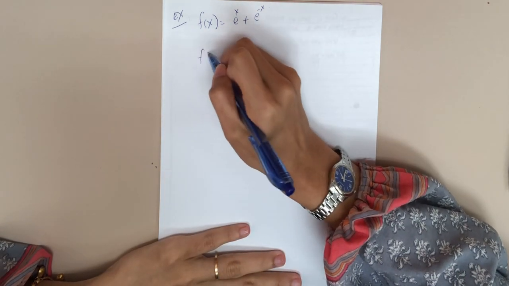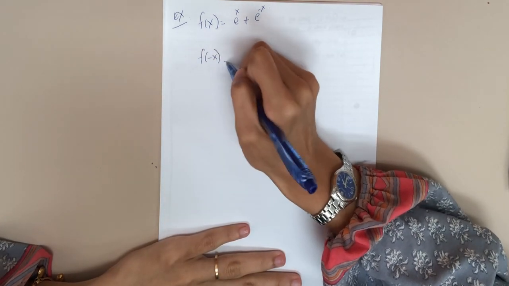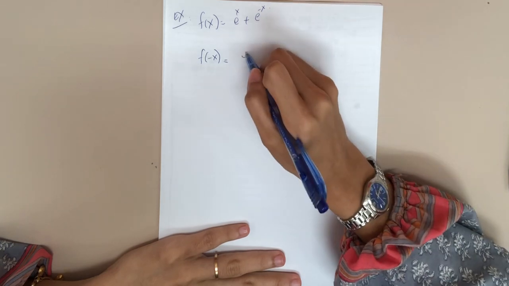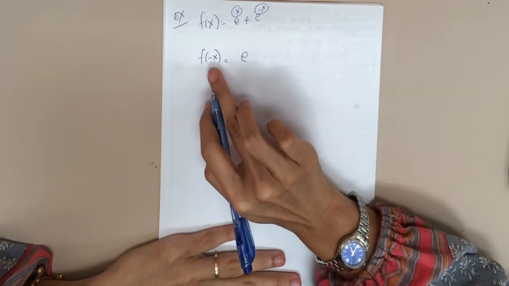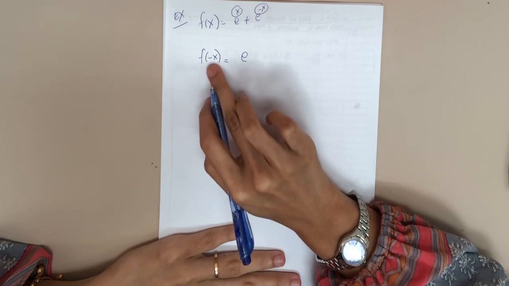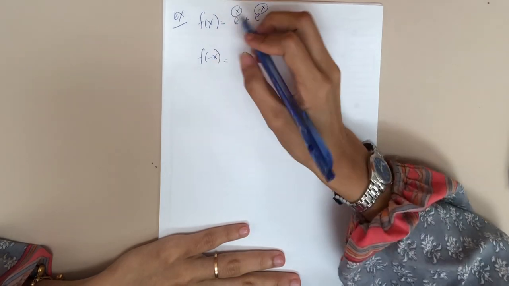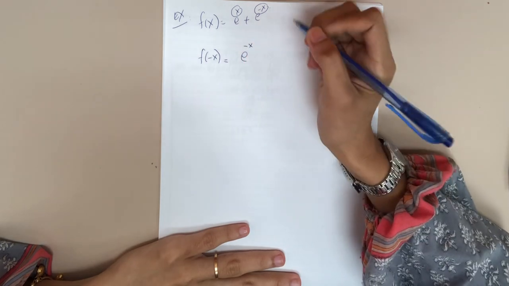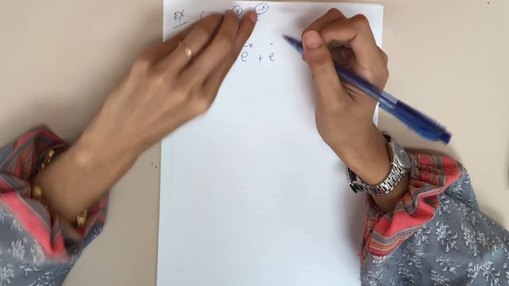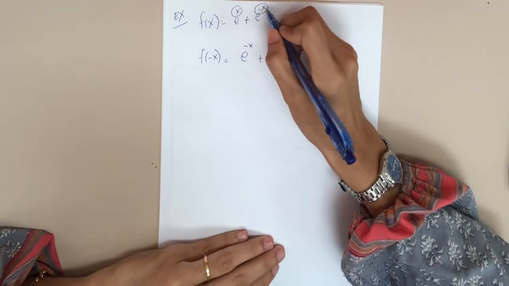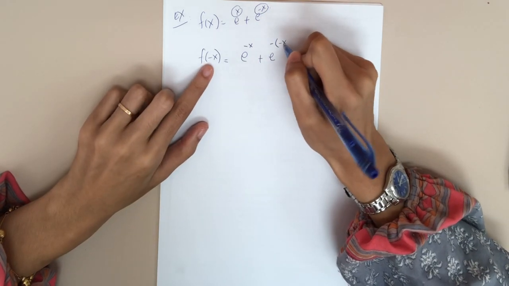So we start with f(-x). What we do is replace x with what is inside the bracket. So now it will be negative x, then plus e to the negative of negative x. Take out the negative, and x is replaced with negative x.